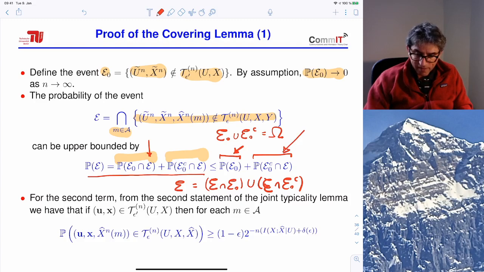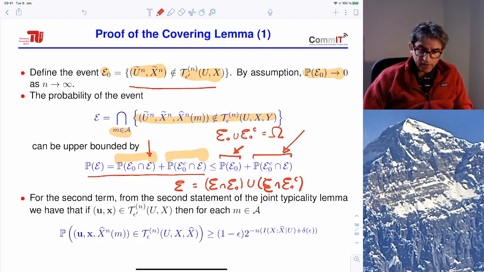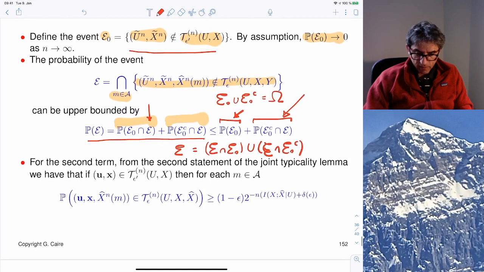E0 complement is the complement of this. E0 was the event that U tilde and X tilde are not jointly epsilon prime typical, and therefore E0 complement is that U tilde and X tilde are jointly epsilon prime typical.